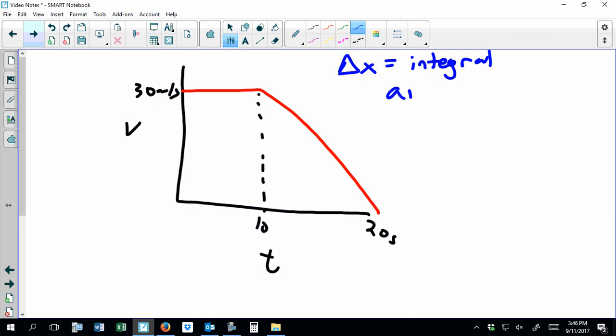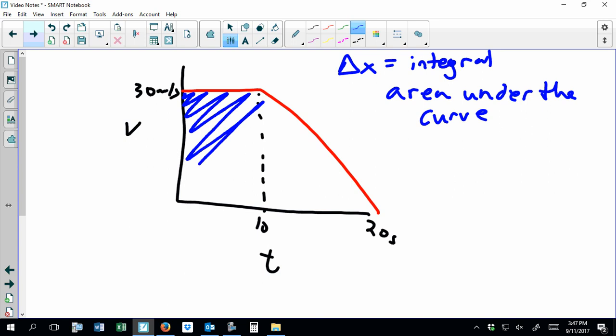So that is the area underneath the curve. So when we talk about the area underneath the curve, that is the area that is between the x-axis and our slope, and our graph.